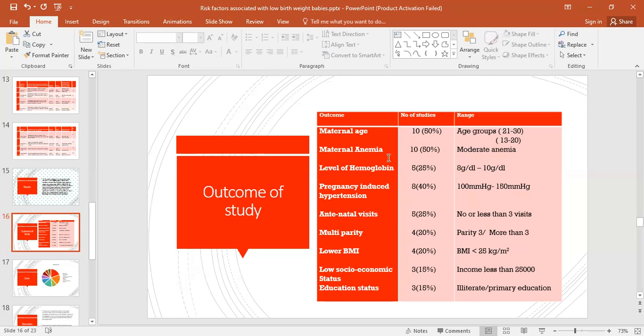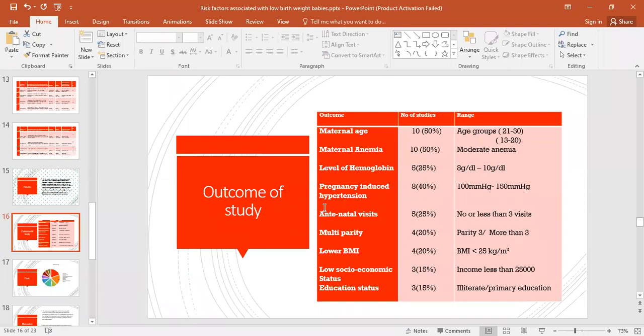Then maternal anemia is also identified in 10 of our studies, and the moderate category of anemia, in which the hemoglobin level ranges from 8 to 10 gram per deciliter, is most prone to low birth weight babies. Then the level of hemoglobin is identified in 8% to 25% of our studies, and the level is 8 gram per deciliter to 10 gram per deciliter.